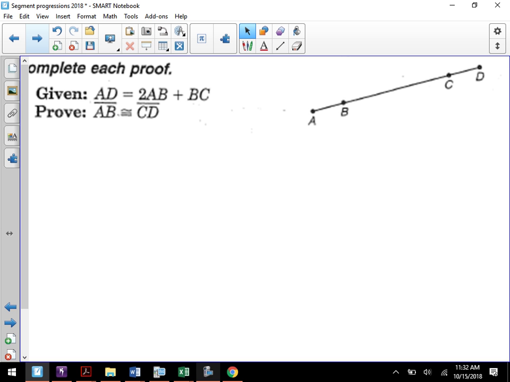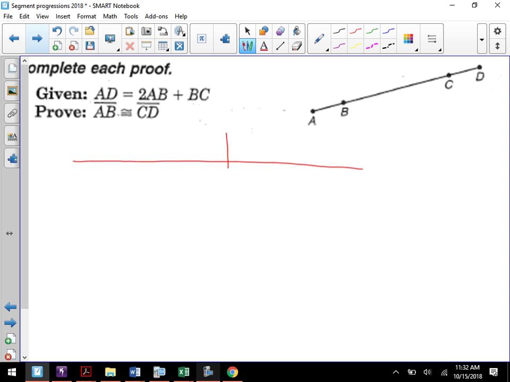So they give you that idea that AD is 2AB plus BC. So you're looking at it, oh, okay. So start thinking about writing it down. That's given to me. According to the diagram, though, what else is AD equal to? The diagram.